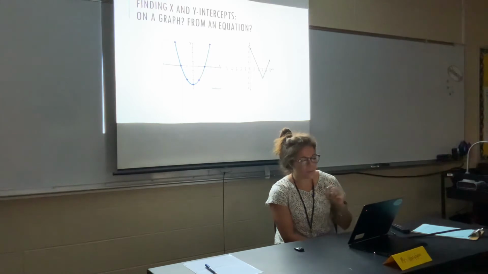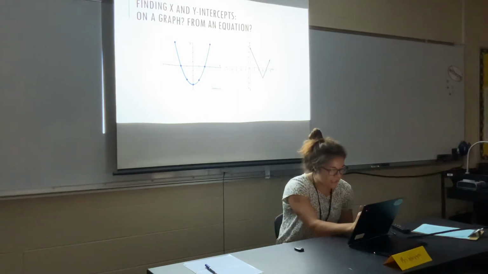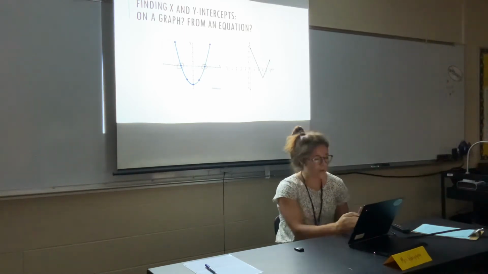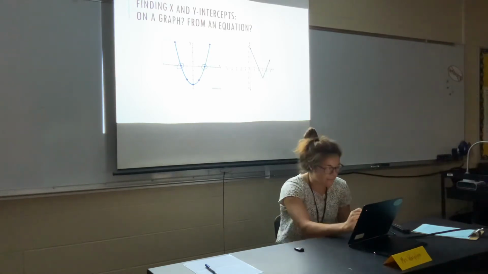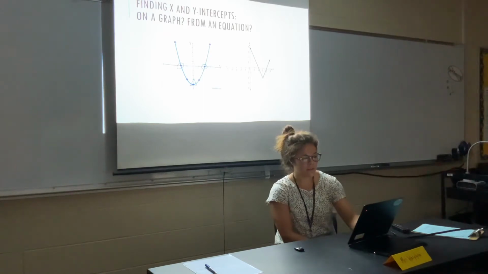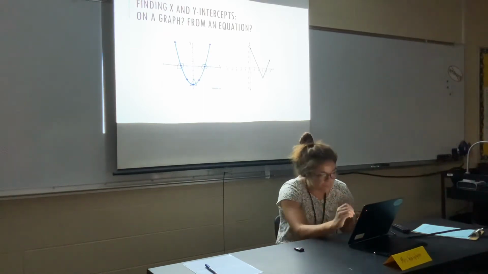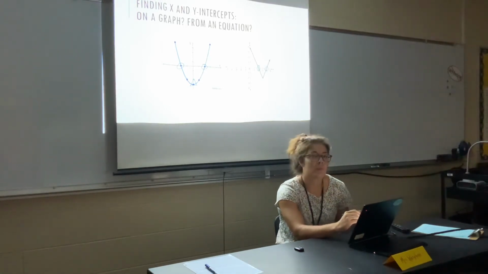So if we're looking here, if we're given the graph and we're asked to find the x and y intercepts, we're just going to zero in to our x-axis. So notice we have two x-intercepts, and the y-intercept for this quadratic here, we have one y-intercept. And likewise over here, x-intercept, x-intercept. I could label those coordinates.